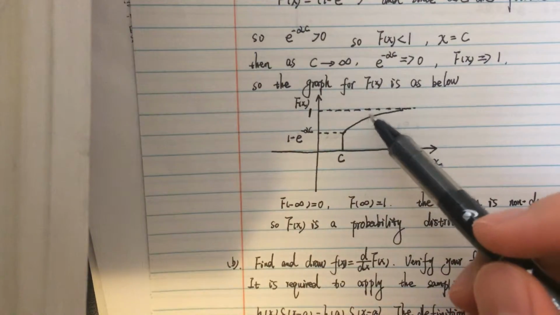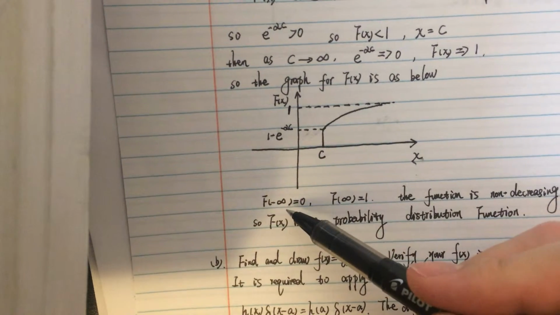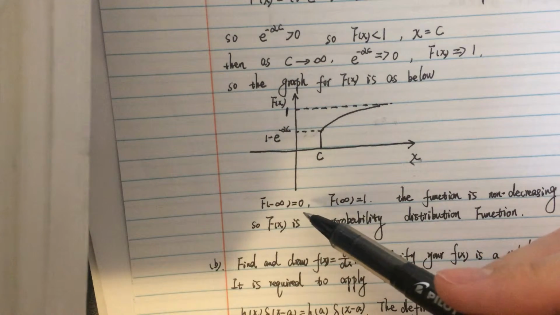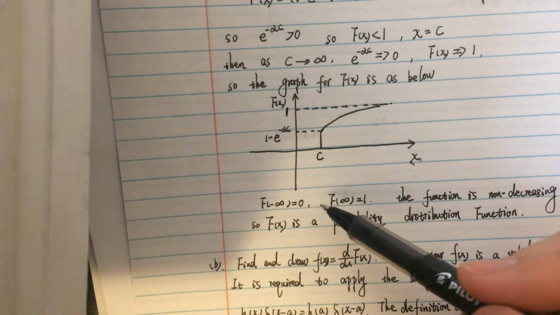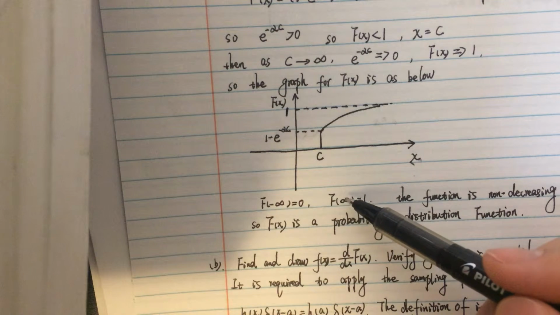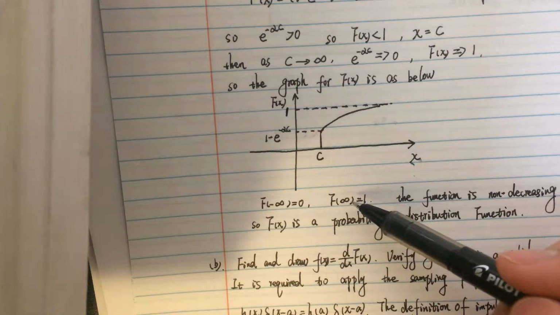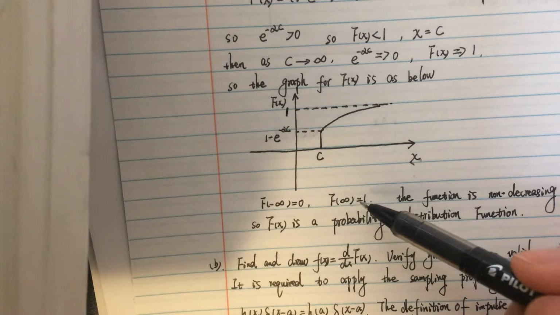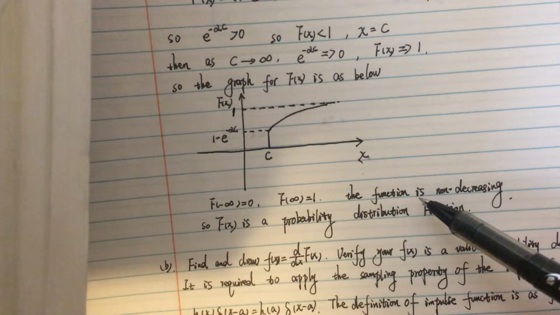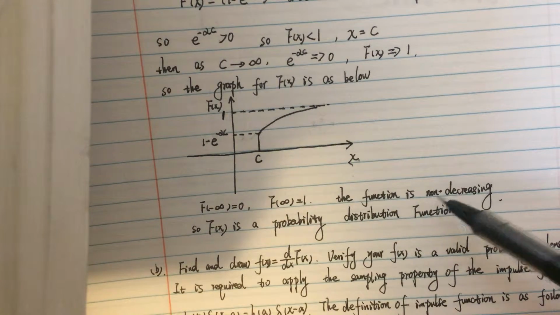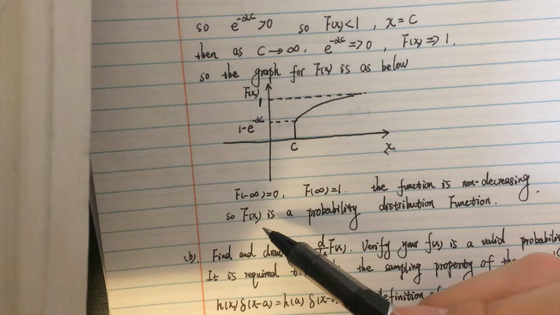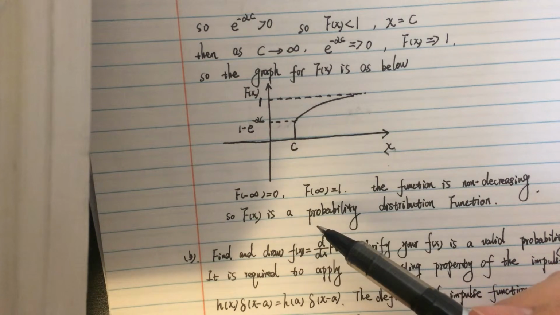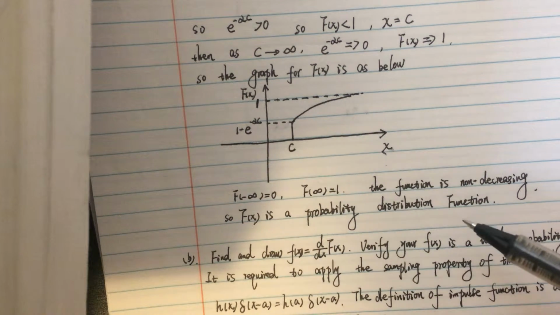According to this graph, we know that F(minus infinity) equals 0, F(infinity) equals 1, and the function is non-decreasing, just like this. So we know that F(x) is a probability distribution function.